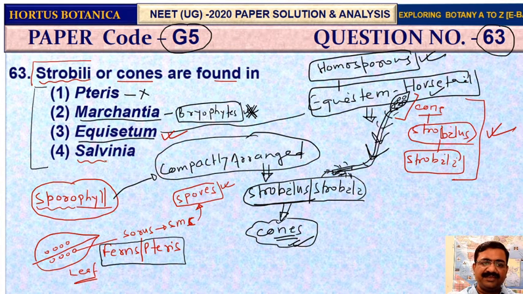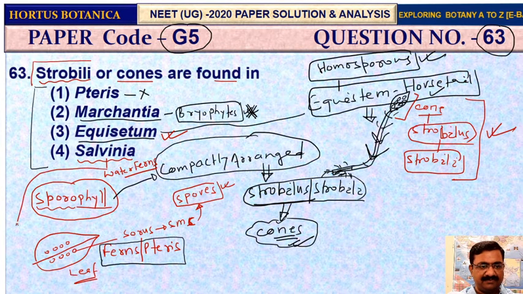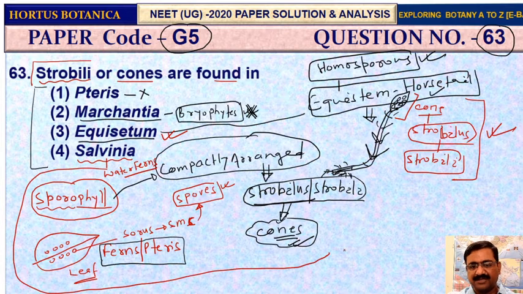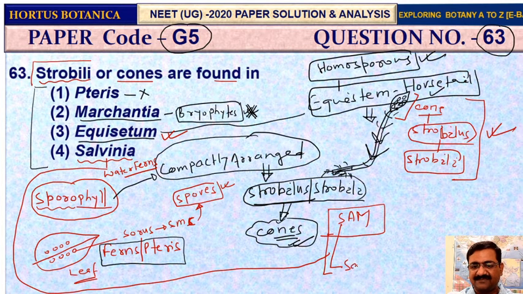Now Salvinia. Salvinia is a water fern. Whenever you talk about water ferns, we have three very important examples. Remember SAM? These are the water ferns. What is SAM? First is Salvinia.